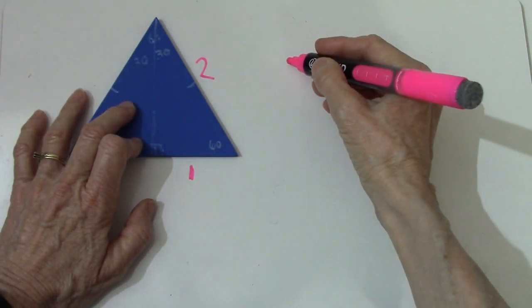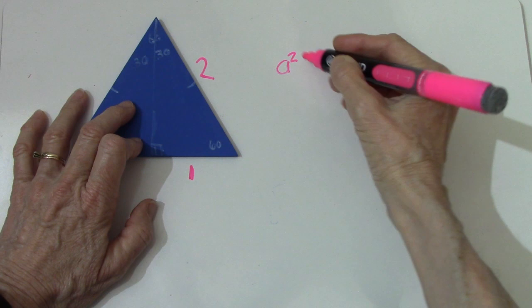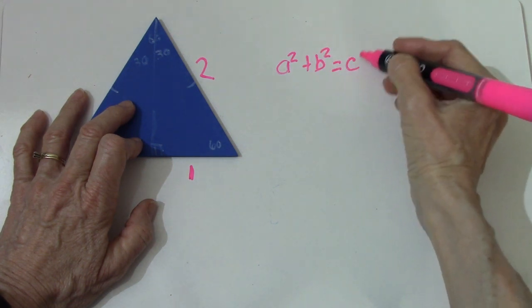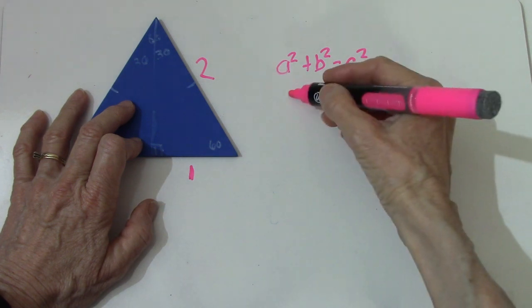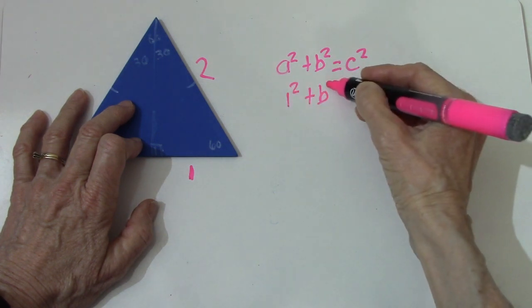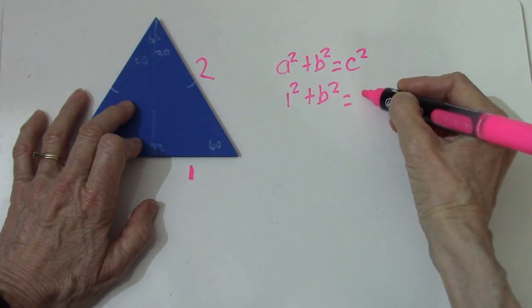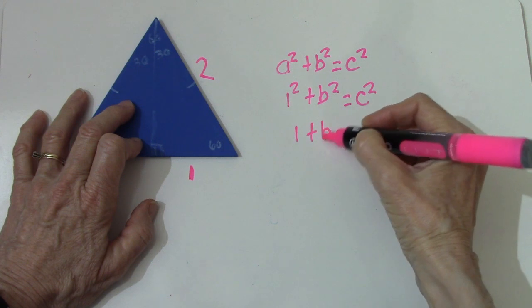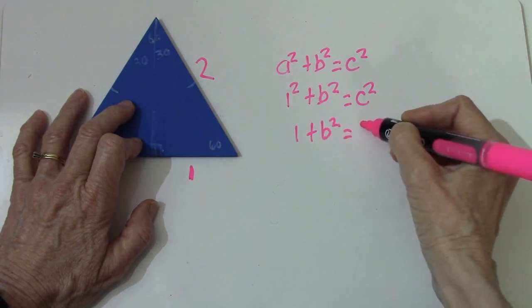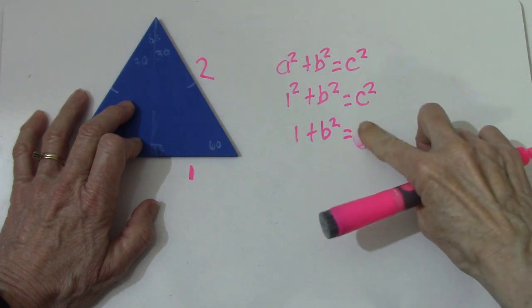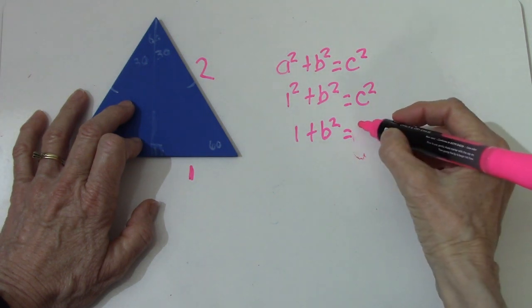So from the Pythagorean theorem, I know that a squared plus b squared equals c squared, which is the hypotenuse. So a, let's say it's 1 squared plus b squared, where b is the height. I don't know what that is. And it's going to equal 2 squared. So I have 1 plus b squared equals 2 squared, which is going to be 4.